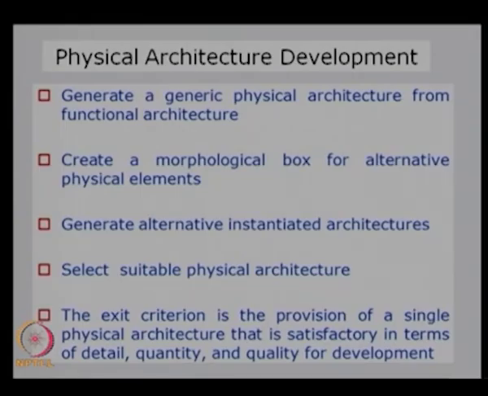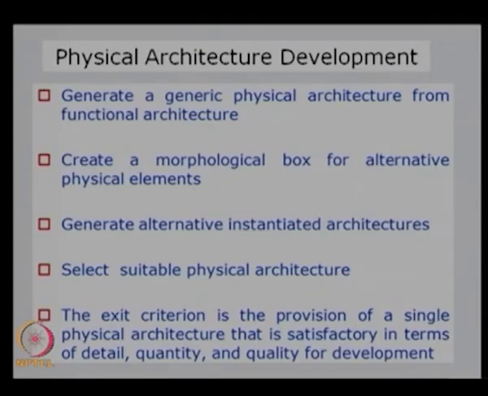So, that is the process, and the exit criteria, or how we choose a physical architecture, is basically the provision of a single physical architecture that is satisfactory in terms of detail, quantity and quality for development. So, we look at the many possible options in the instantiated physical architecture and then see whether it actually satisfies the detail, quantity and quality of the development requirement, because this has to be developed and we need to make the system.